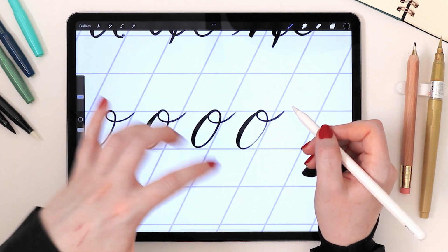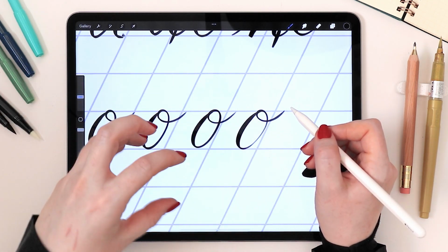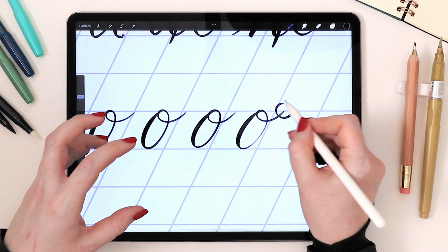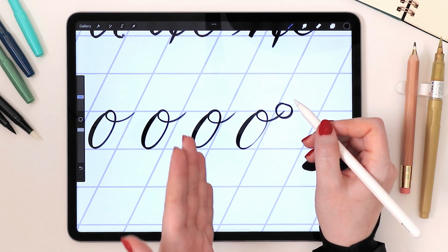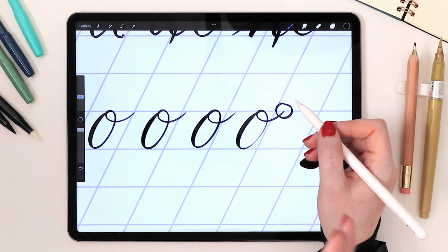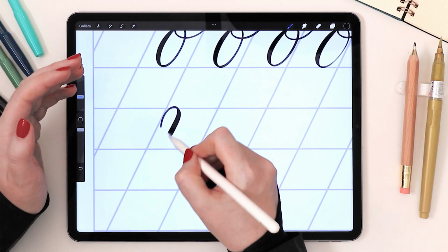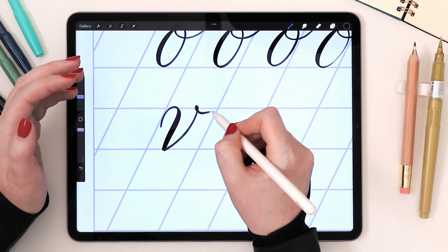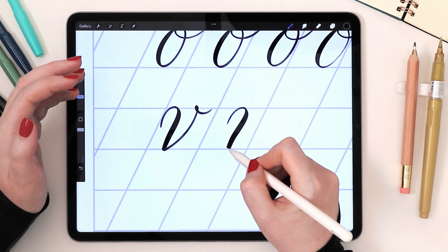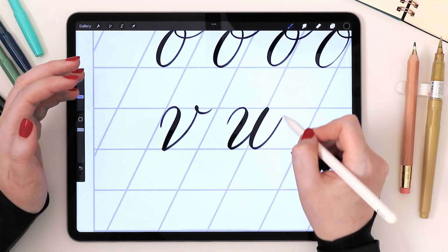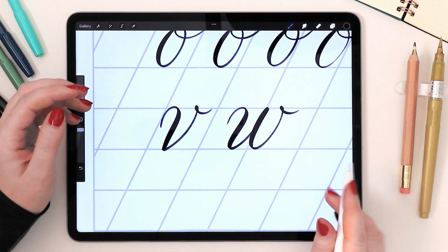So in a moment, we're going to talk about how they connect to the next letters, but I just want you to be aware that one thing that makes this unique is how this letter connects to whatever letter comes next. So there are your O's. But here are V's. This is the second letter in the group, and we're going to teach this together with W, the third and final letter of this high ending group.